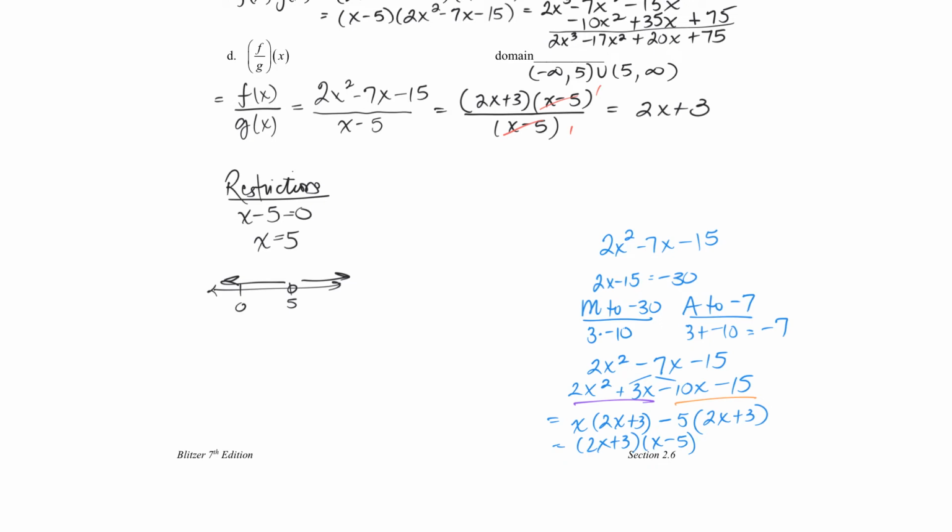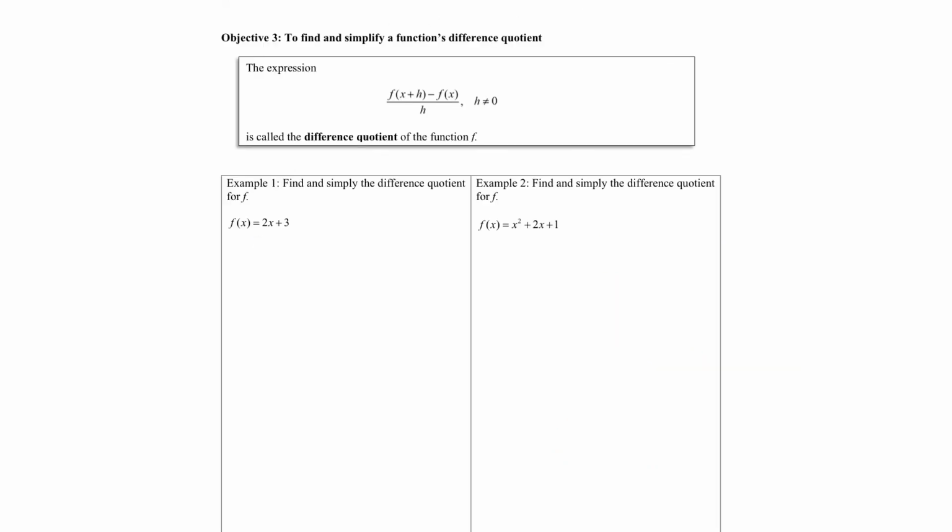Now we're going to look at objective 3, to find and simplify a function's difference quotient. And this is actually taken from, I pulled it from section 2.1 and brought it into this section because it does deal with the difference of two functions. And I thought it was a better placement of this topic in section 2.6.